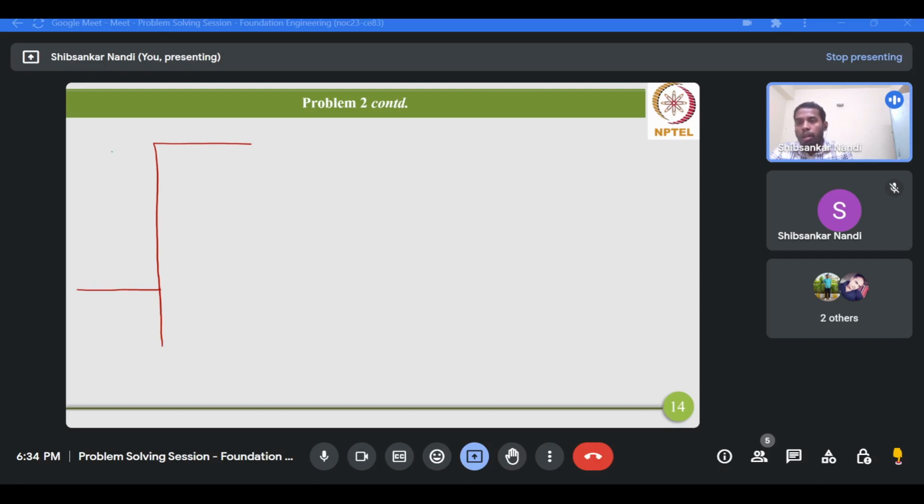In this sheet pile problem, the rotation of this wall is basically assumed in this fashion.